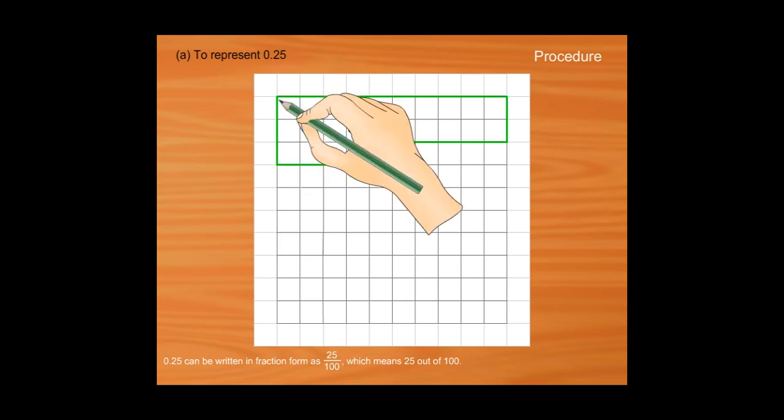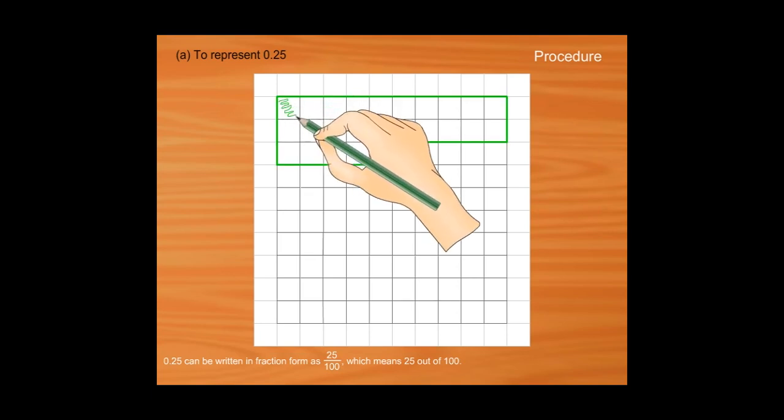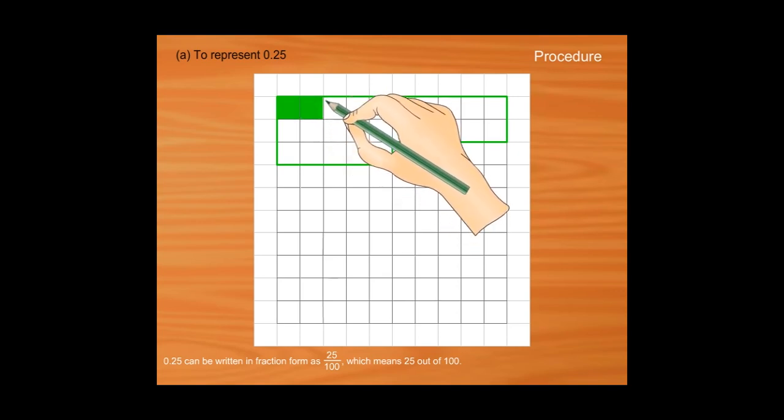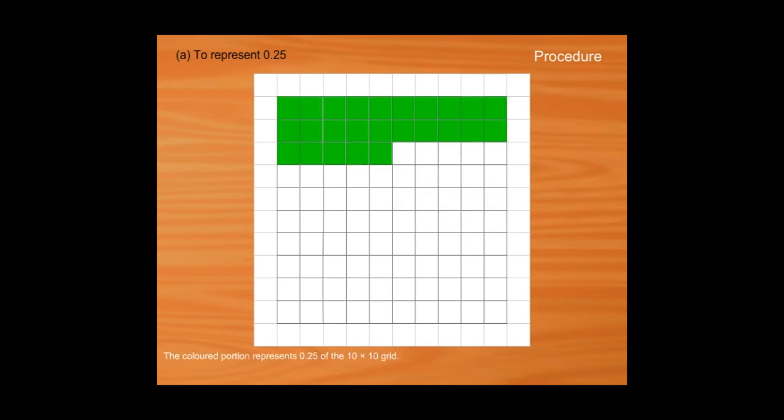The grid has 100 squares in all. 0.25 can be written in a fraction form as 25 upon 100, which means 25 out of 100. The colored portion represents 0.25 of the 10 by 10 grid.